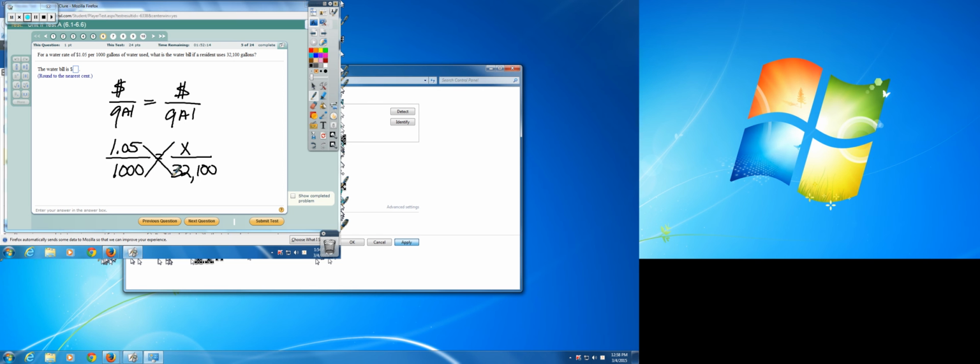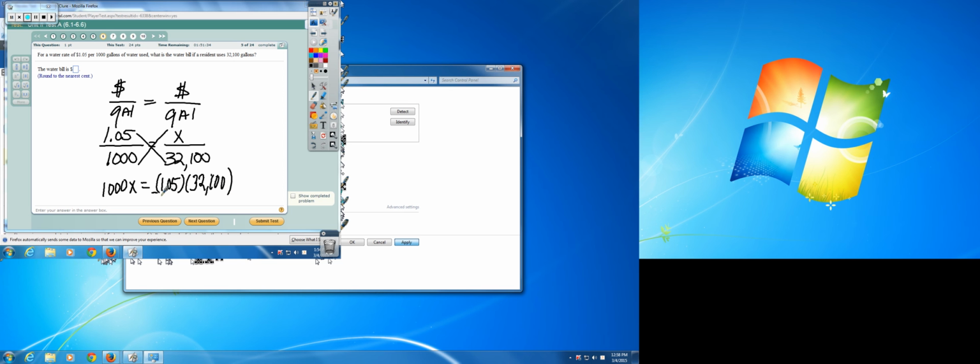Cross multiply and solve for X. Now I didn't cover this very much because I really shouldn't have to, so this is a pretty algebra type question, but that's going to give you 1,000x is equal to 1.05 times 32,100.